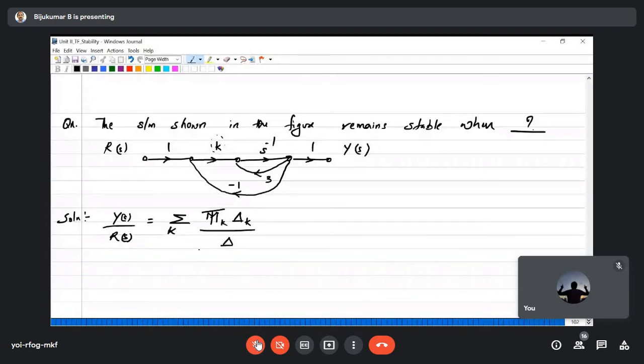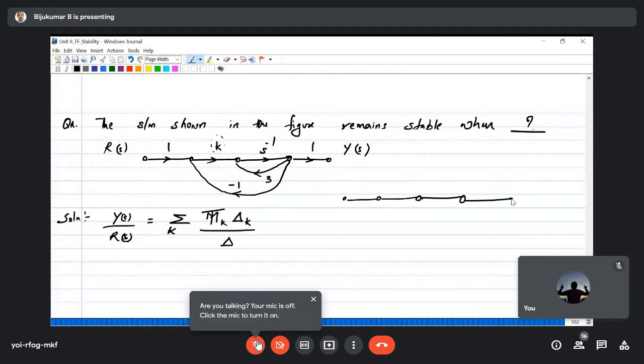So in the given problem, how many forward paths are there? Forward path means we have to start from the input node and end at the output node. We should not come back to any of the nodes. So this is our input node R of s, and this is our output node Y of s.